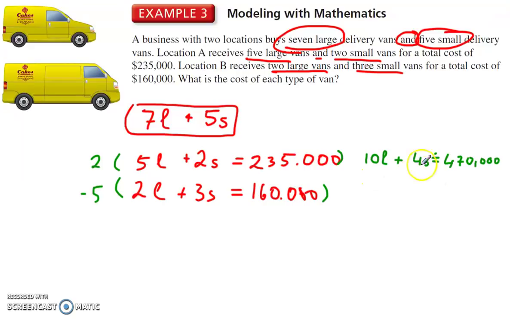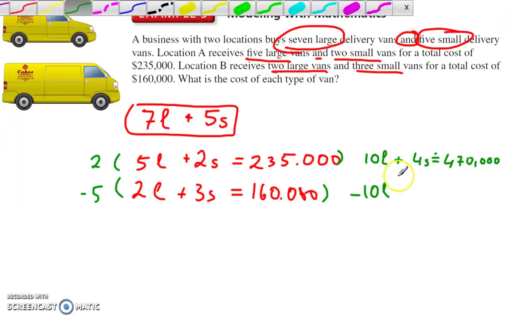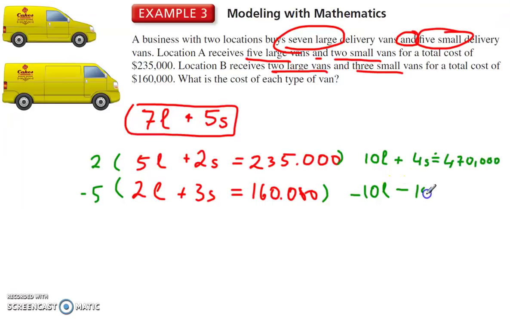So that's 10 large ones plus 4 small is 470,000, and then negative 5 times 2 is negative 10 large, plus negative 3, which I'm going to just change plus a negative to minus 15 small ones is equal to negative 800,000.